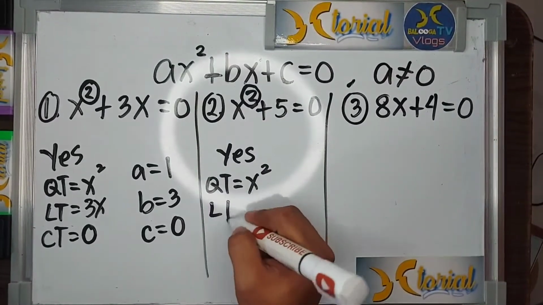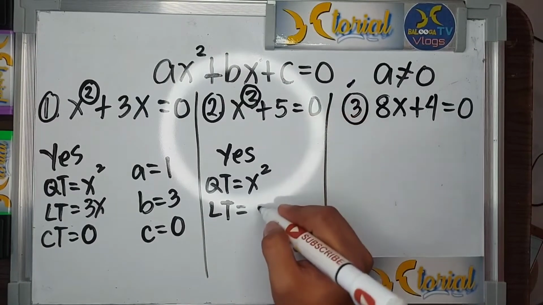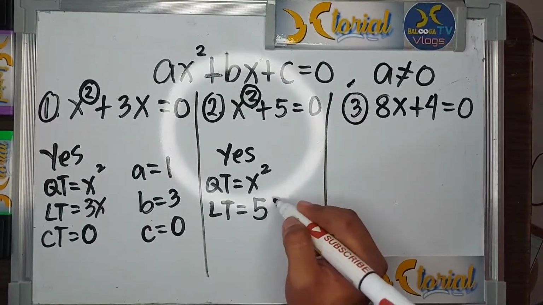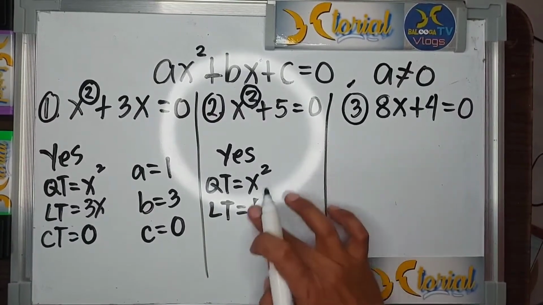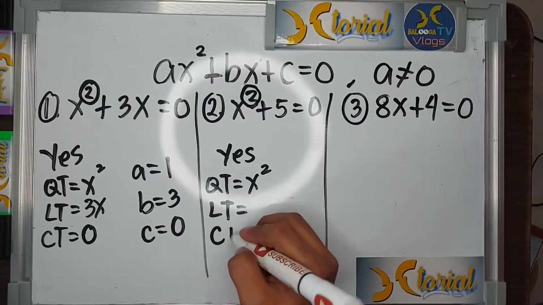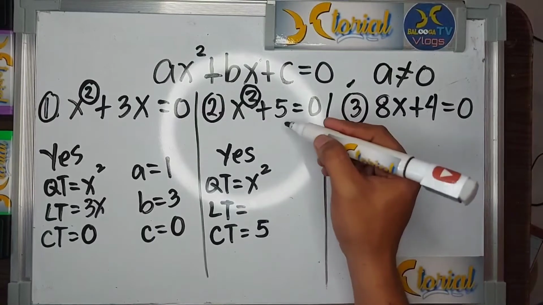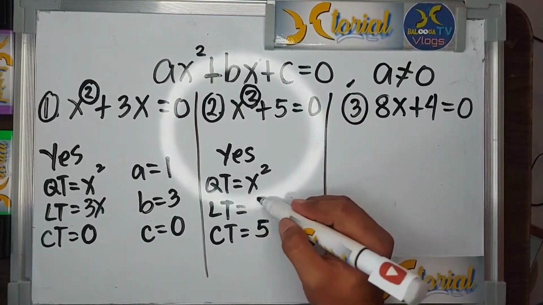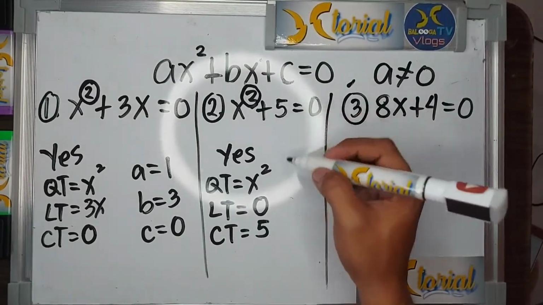We have linear term. Is it 5? Okay, hindi. 5 dito, yan po ay ating constant term. Okay, since wala siyang linear term, it is 0. Okay, wala siya yung merong x lang.